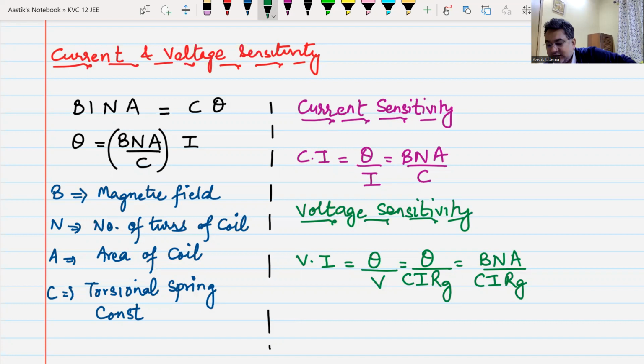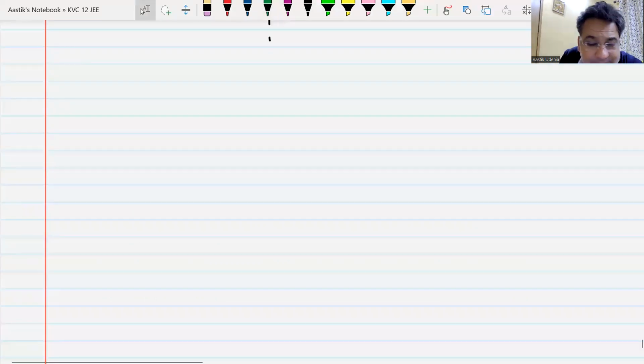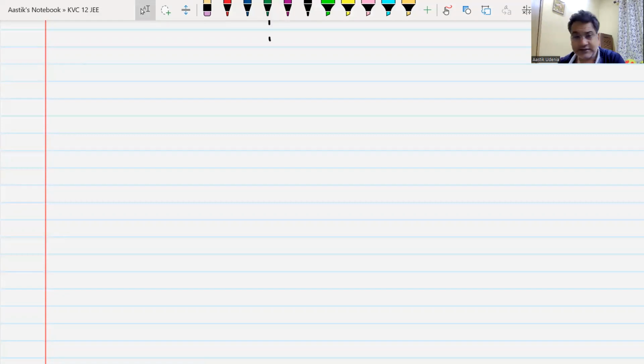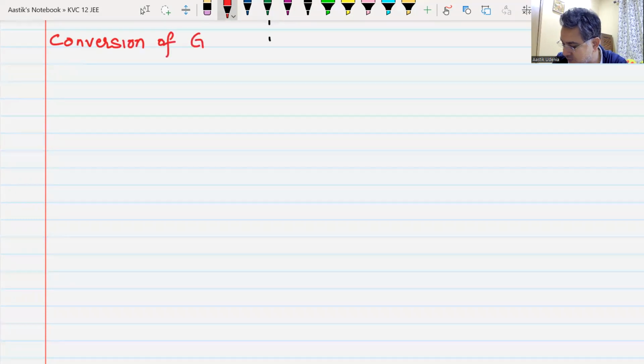Since we have seen the current sensitivity and the voltage sensitivity, now we must venture into the next topic: conversion of galvanometer into ammeter first, not voltmeter.